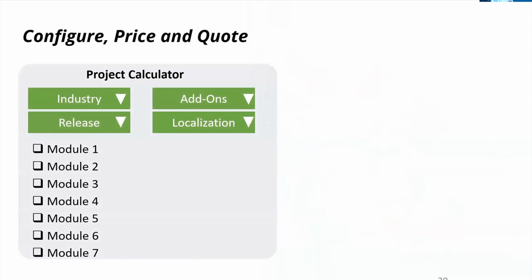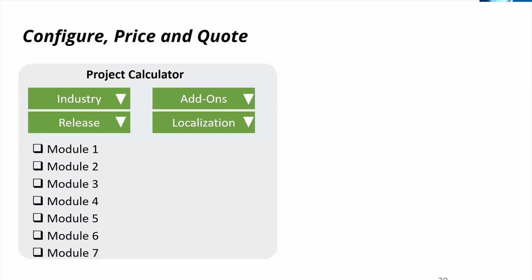So configure price and quote rather. So this is actually from a presentation I did with one of our customers. They put this together, and I'm just happily borrowing the slides because a lot of sensible documentation is all about content reuse. So if you can borrow something or reuse something, it makes sense.